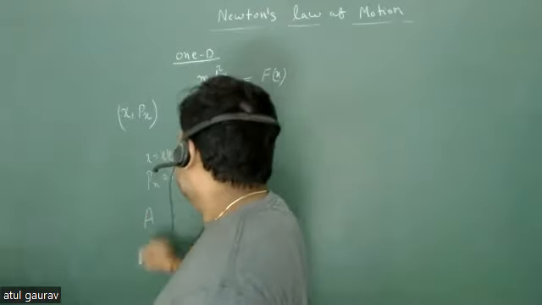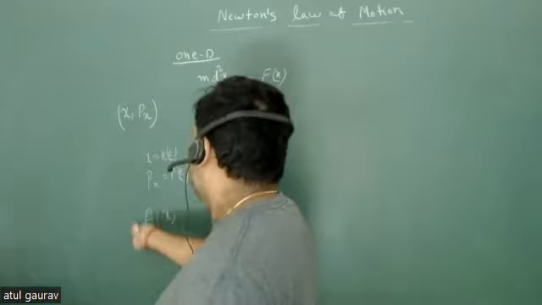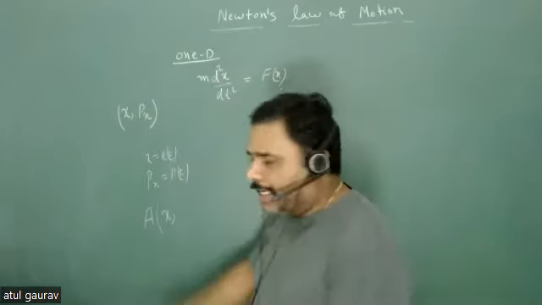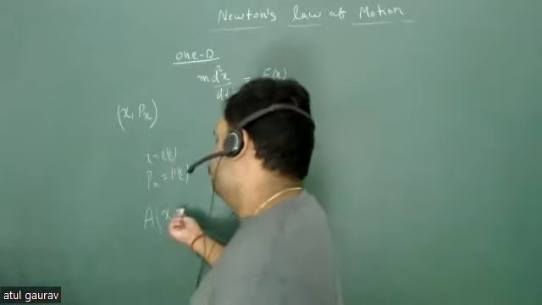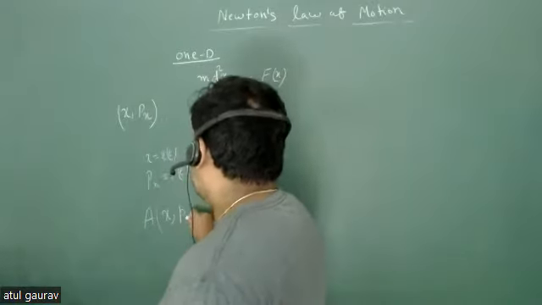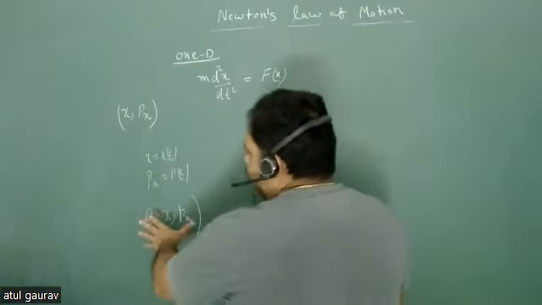If I have any physical quantity, it must be a function of position and momentum, and this can be any dynamical variable. So you can represent any physical quantity.